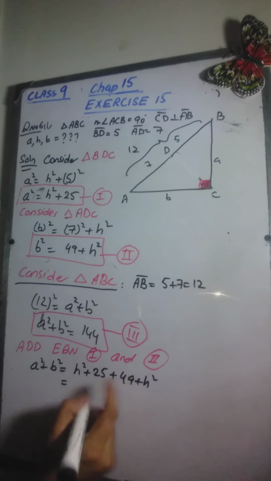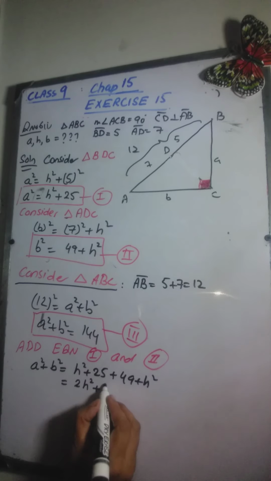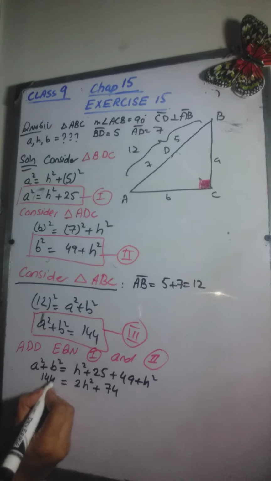Now x square and x square will be twice x square, and 49 plus 25 will be 74. From equation 3, a square plus b square is 144.